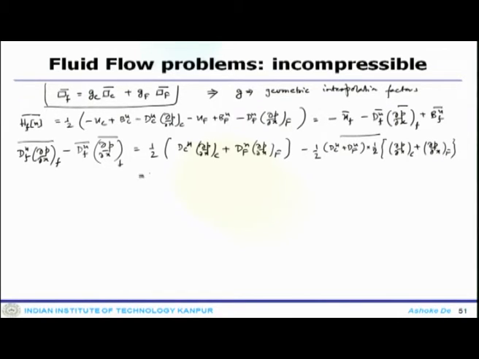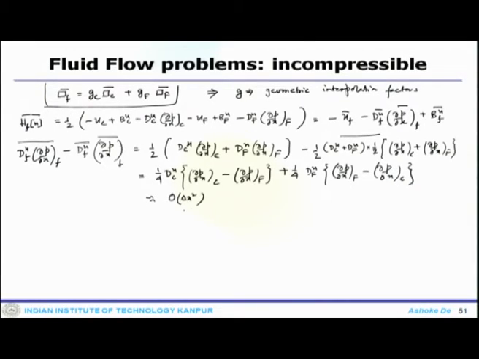which is equivalent to 1/4 DCU del P by del x C minus del P by del x F, plus 1/4 DFU del P by del x F minus del P by del x C, which would be a second order approximated scheme.